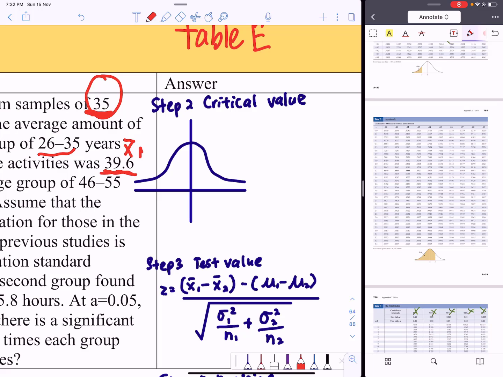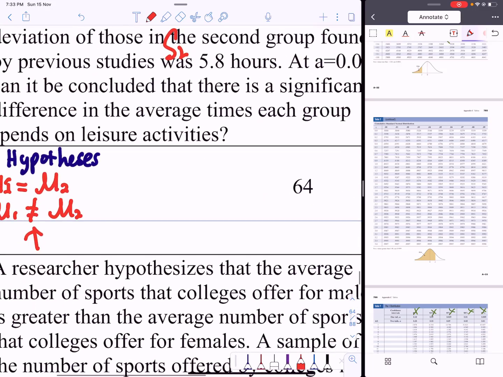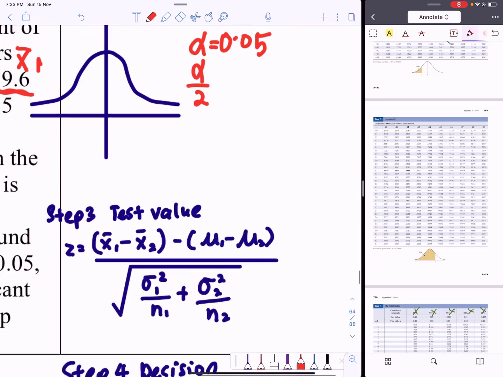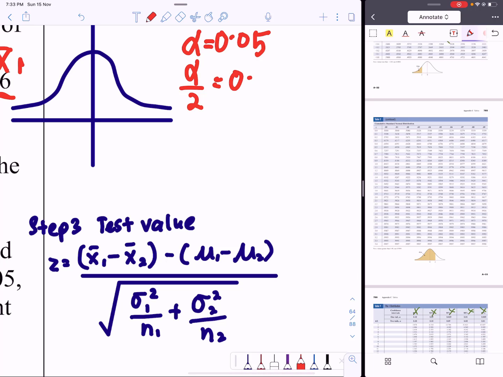The alpha is 0.05, but we cannot use alpha 0.05 directly because we need to divide by 2, because here we have two tails. That means the alpha will be 0.025 here and here.